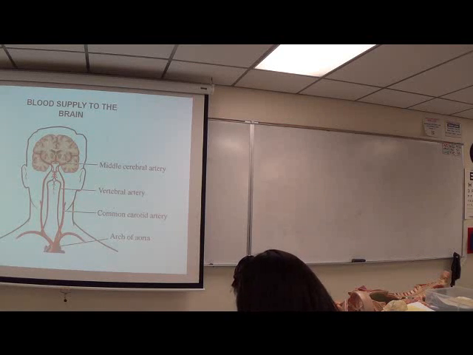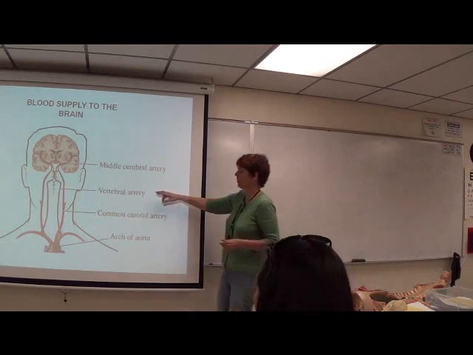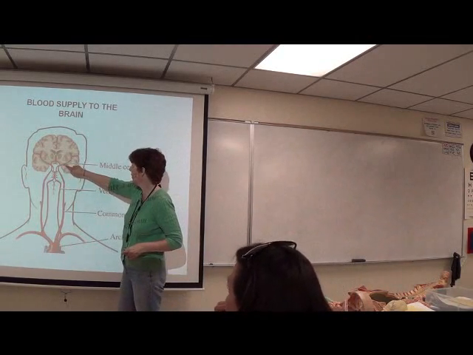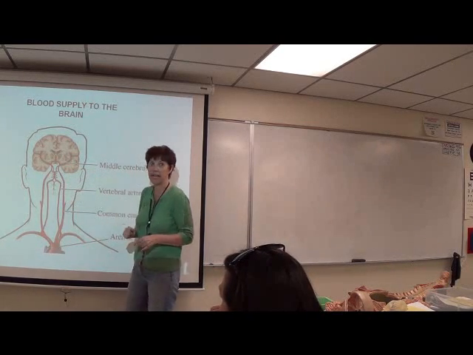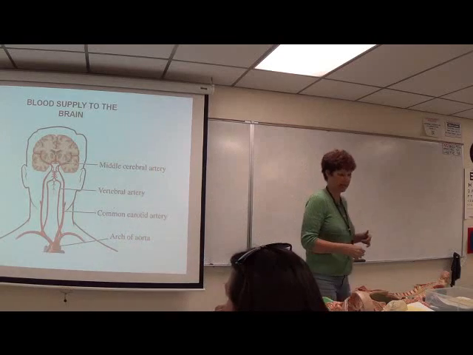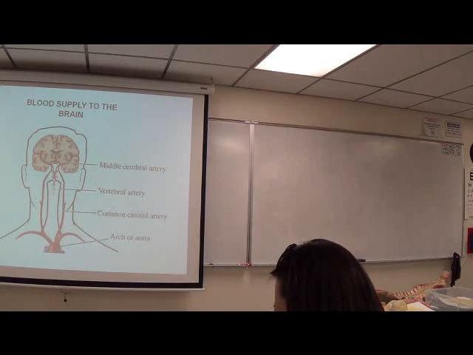The middle meningeal artery, coming through the foramen spinosum, is supplying blood to the meninges, into the skull. It's not supplying blood to the brain. So we have the internal carotid and the vertebrals coming into the brain. We're going to look at how those branch to further supply the brain tissue.